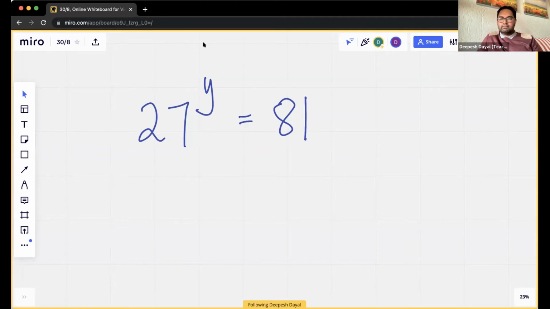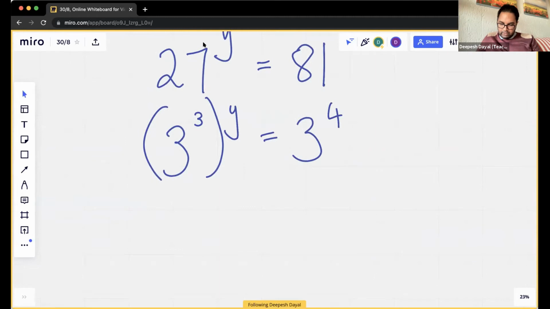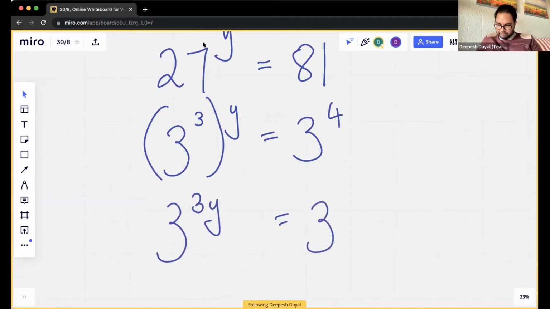So it's 3 to the power of 3y equals 3 to the power of 4, right?